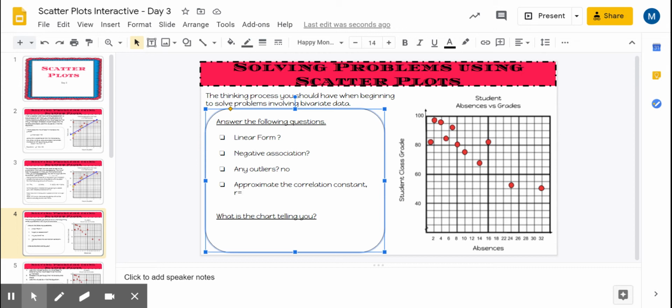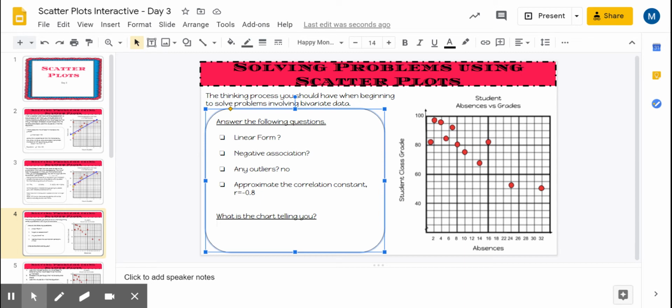Okay, and then the R value, I mean, it's fairly strong. We've really only been dealing with a couple numbers. So I would rank this one as a 0.9, maybe a 0.8 if you wanted to get super technical. And what is this chart telling us?